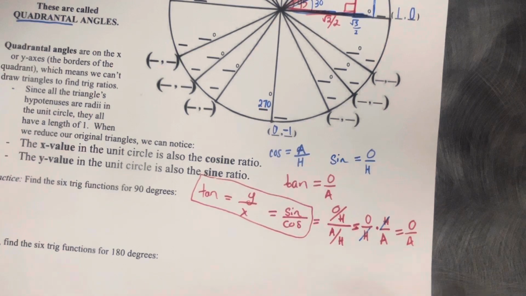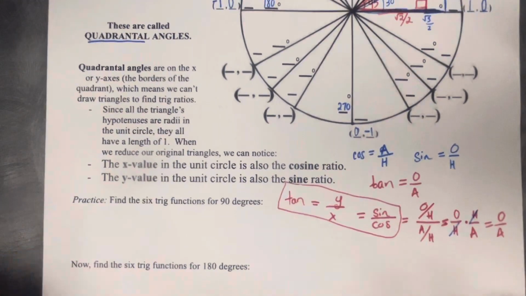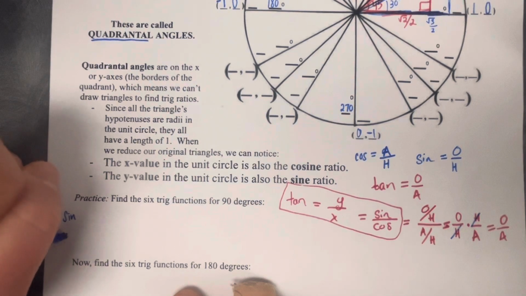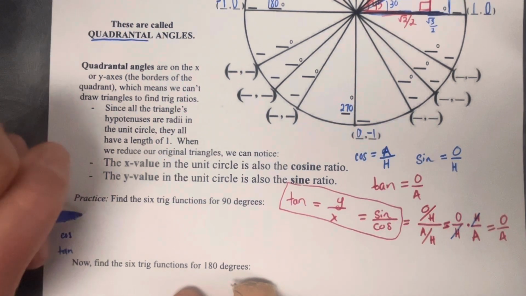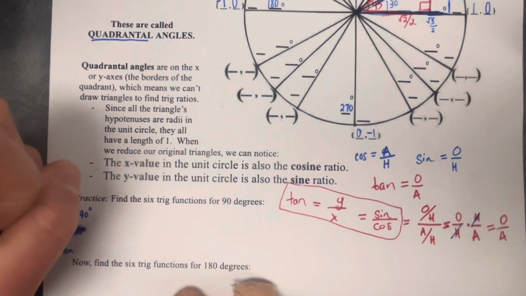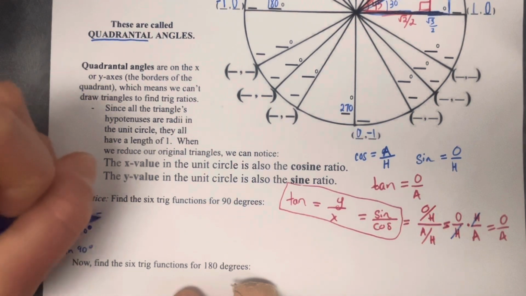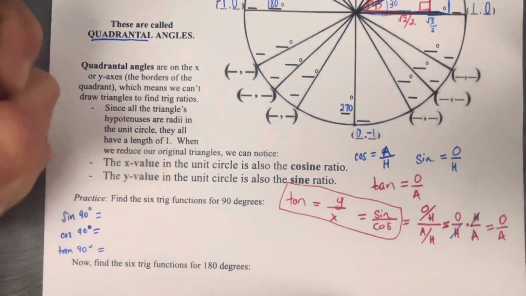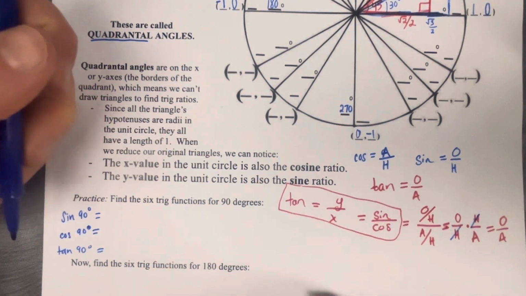So now let's find the 6 trig functions for 90 degrees. The 6 trig functions are sine, cosine, and tangent, and their reciprocals: cosecant, secant, and cotangent. So let's start with sine.